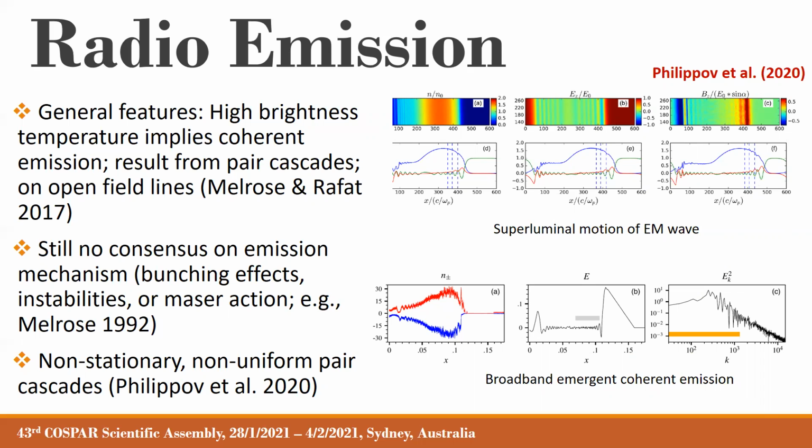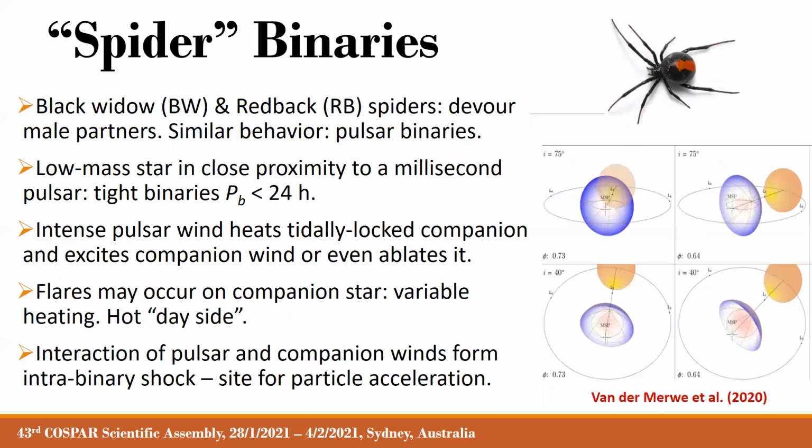So this is very new and still under discussion by the community, but there might be a way to actually create the radio emission using plasma effects. And this derives directly from pair cascades, which we believe is a very important ingredient in pulsar physics.